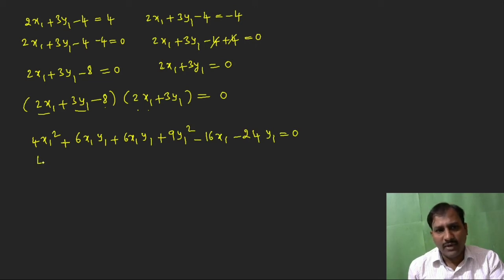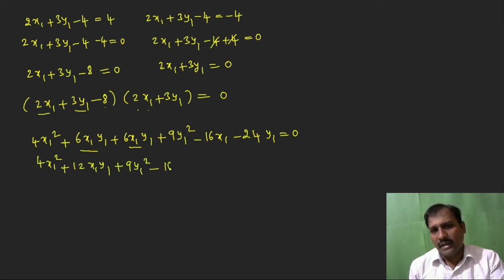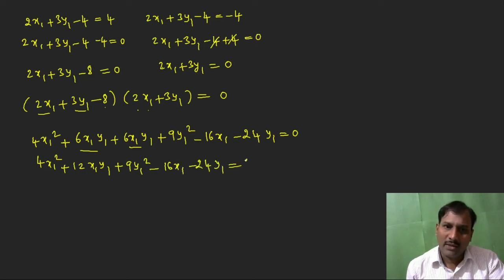So if you simplify, you will get 4x1 square plus 12x1y1, 6 plus 6 is 12, plus 9y1 square minus 16x1 minus 24y1 equal to 0.